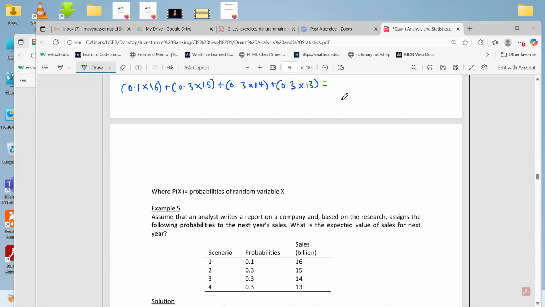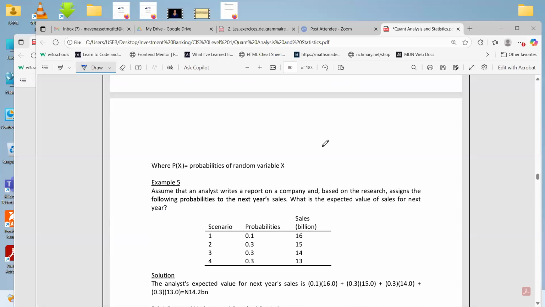Are you almost done? $14.2 billion. That's our expected sales.